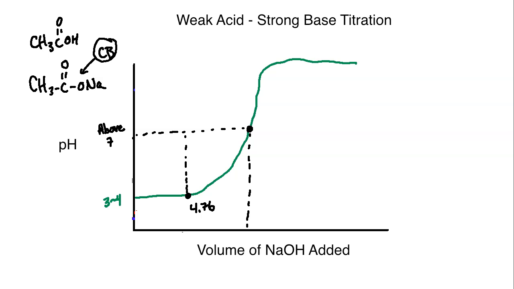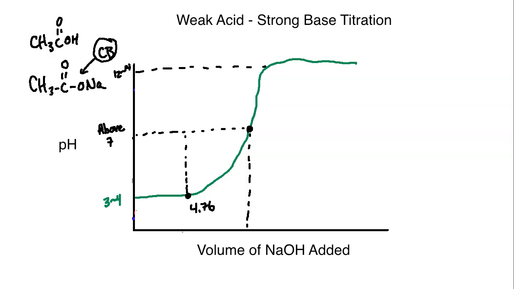So the point would be at a pH above 7 because you have a basic product coming out of that, not an acidic one or a neutral one. And then you would climb off, and again up here, because this is strong, we would be talking about something probably in the realm of 12 to 14 because of the sodium hydroxide.